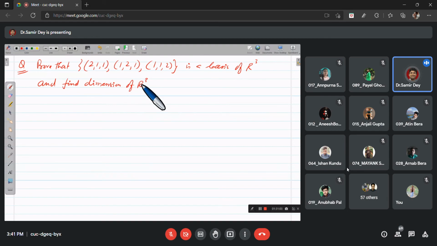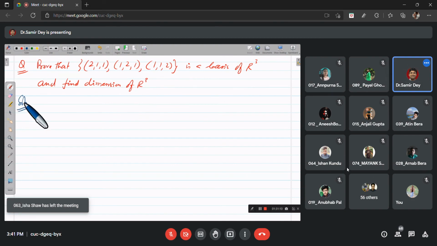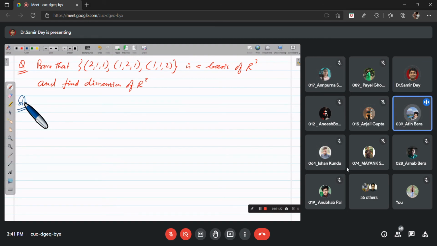So now I'm going to discuss how to prove a set of vectors is a basis. Now try to understand this. Anyone can tell me how many parts you have to prove a set of vectors is a basis? Two, sir. Linearly independent and spanning set.